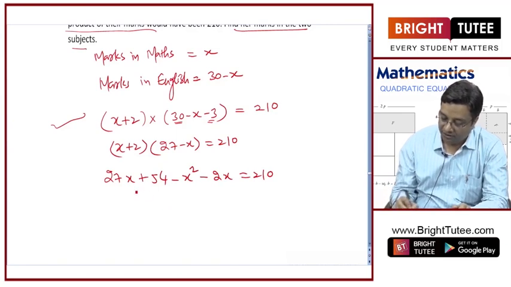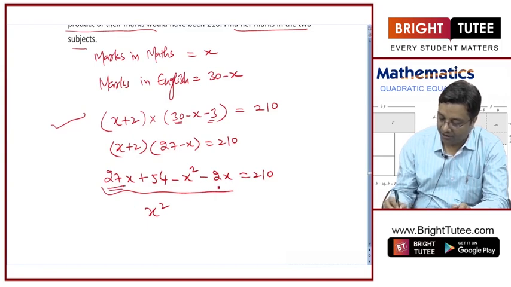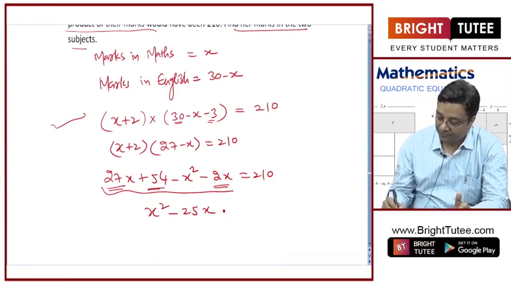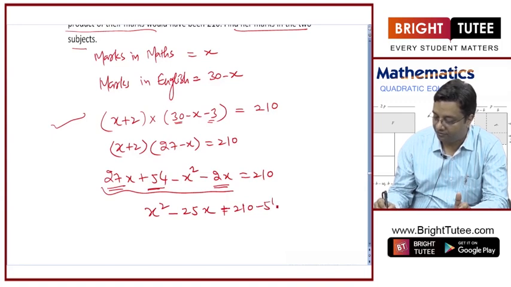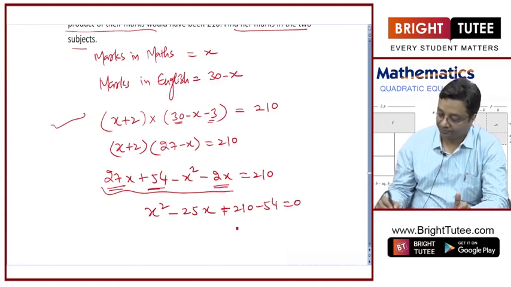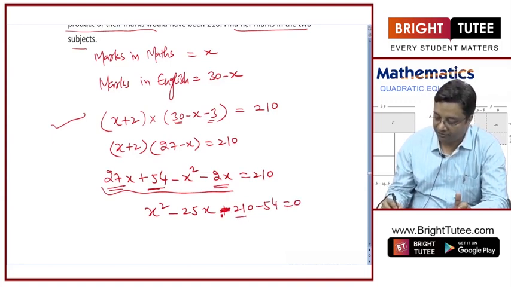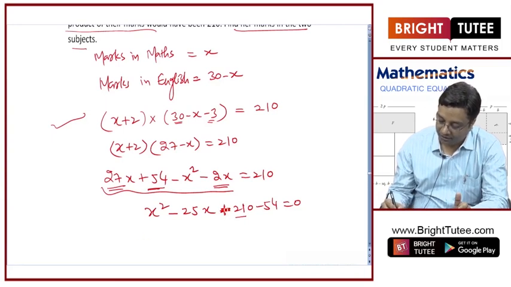Now let's bring all these terms to the right hand side. x², 27x − 2x is 25x, so it will become −25x. 54 will become −54, and 210 − 54 will be plus.